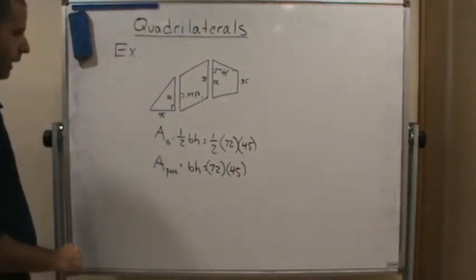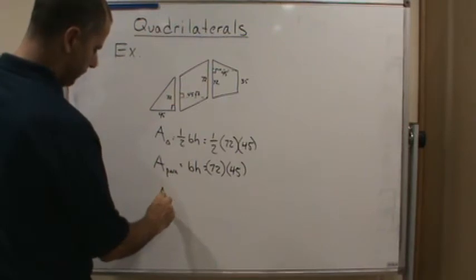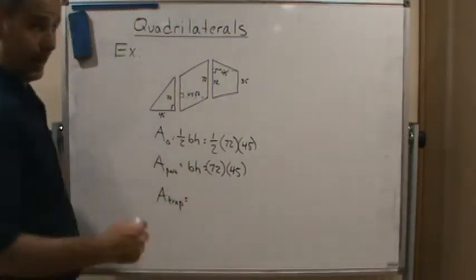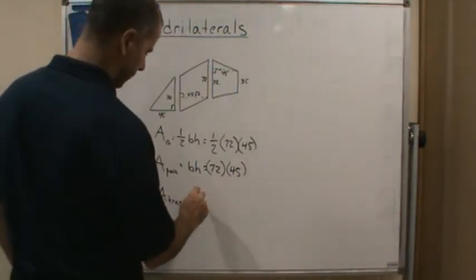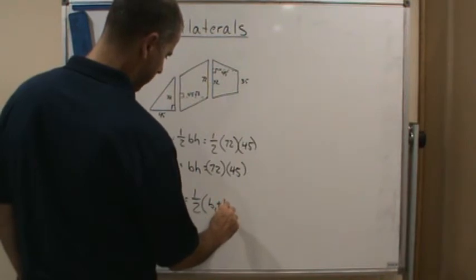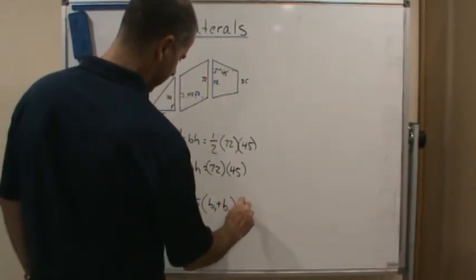And then the trapezoid is equal to the average of the bases times the height. So it's 1/2 times the sum of the bases, B1 plus B2, times the height.